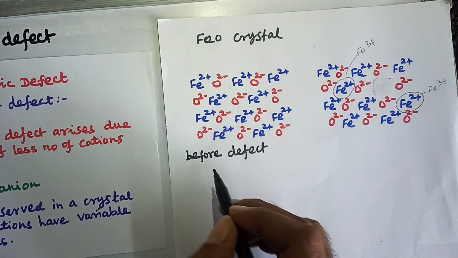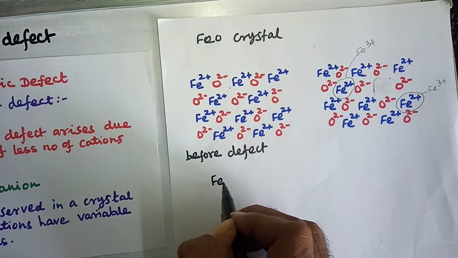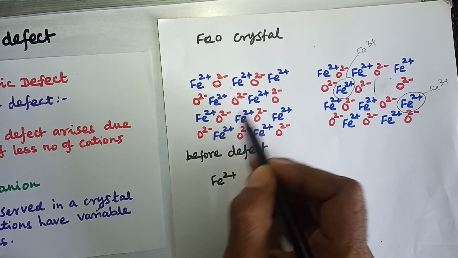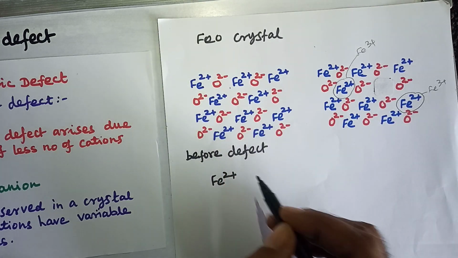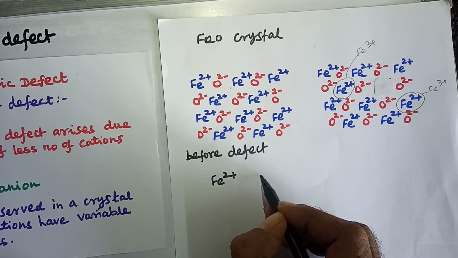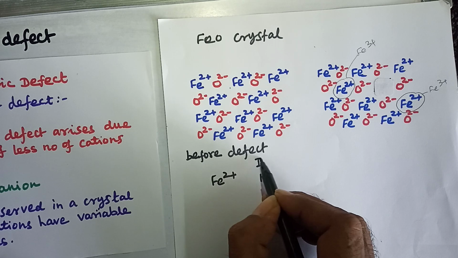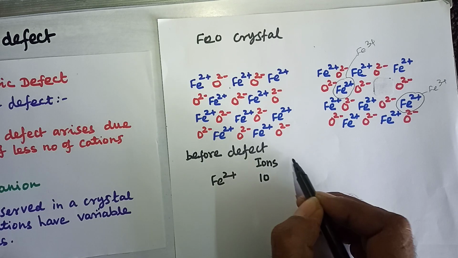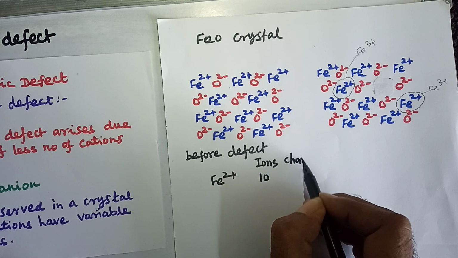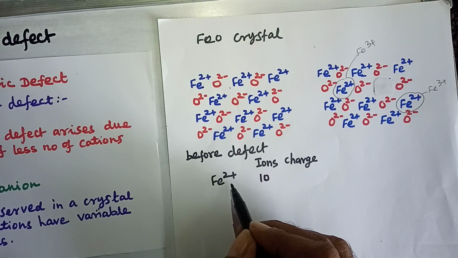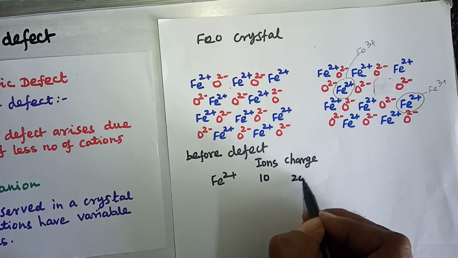Here the number of Fe2+ ions: 1, 2, 3, 4, 5, 6, 7, 8, 9, 10, so 10 Fe2+ ions. The charge is 10 twos, 20 plus.